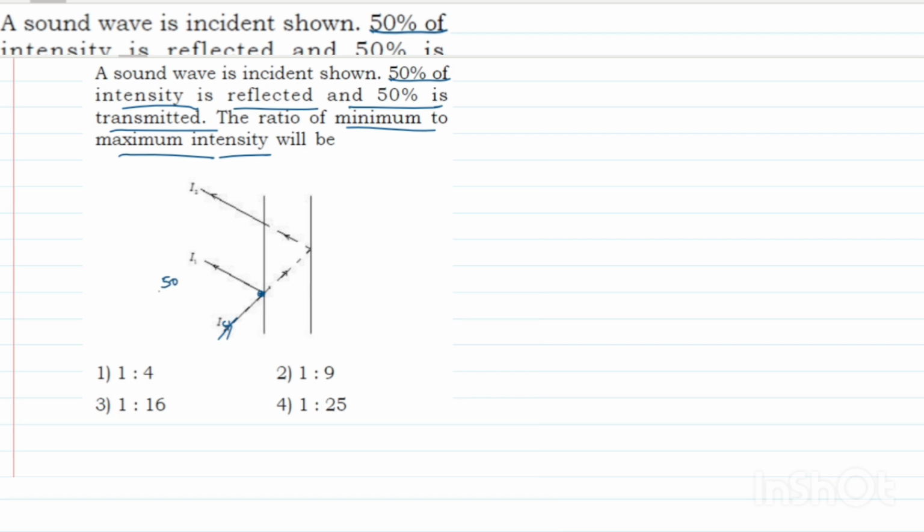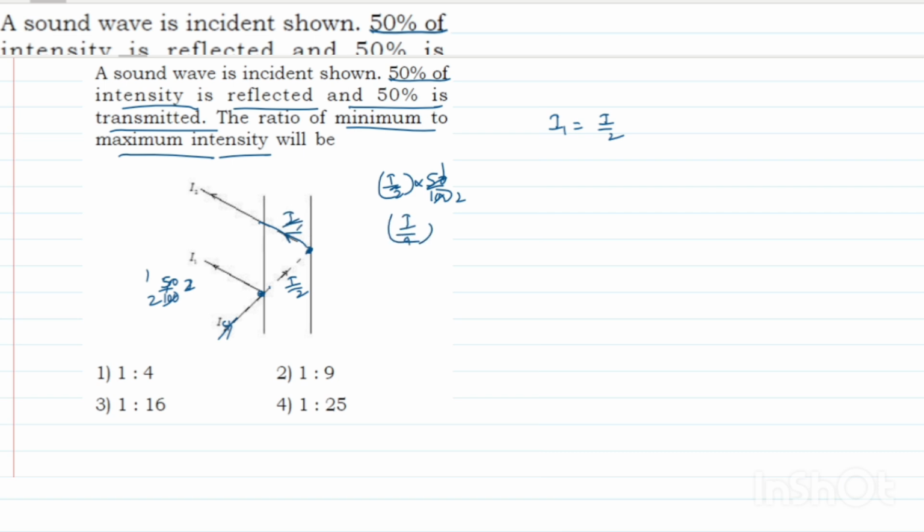So 50% of I transmitted means 1 by 2, so I1 equals I by 2. The remaining 50% is reflected. Again, 50% of I by 2, that is I by 2 into 50 by 100, becomes I by 4.